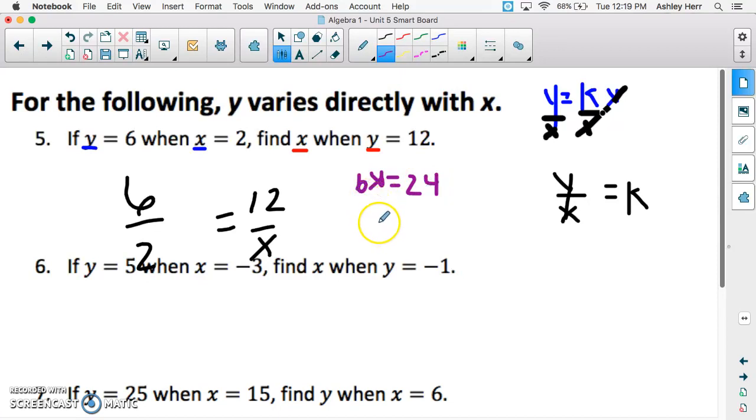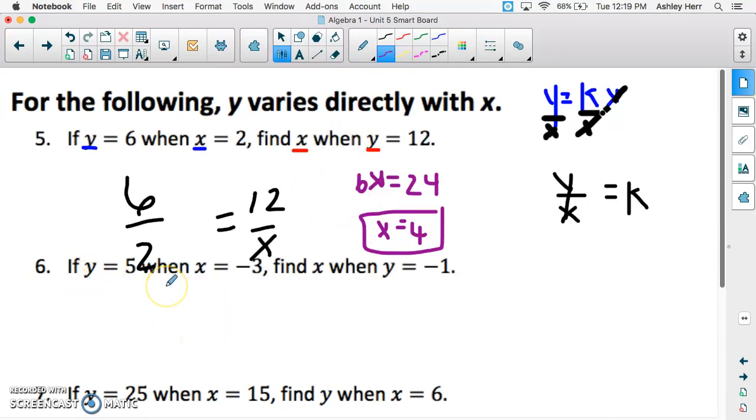So that's my answer. If y equals 6 when x equals 2, find x when y is equal to 12. Well, x will have to be 4 for it to vary directly.